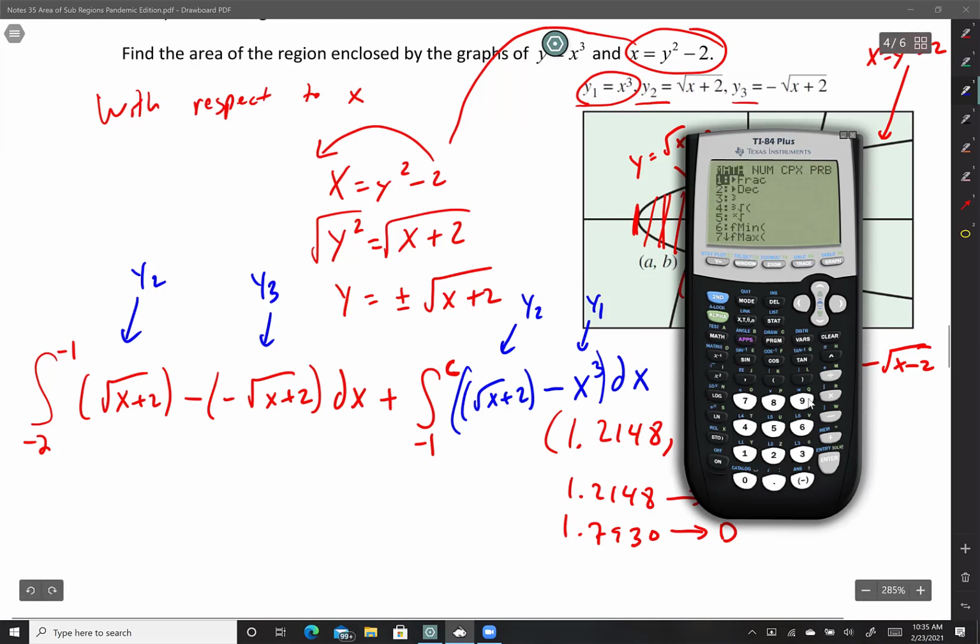Math 9, -1, all the way to alpha C, because I already stored it in C. And I'm going to type in y2, alpha trace y2. And x cubed is simple enough. You can write x cubed if you want, but I'm gonna type y1, alpha trace y1. Put an X, and I push enter.